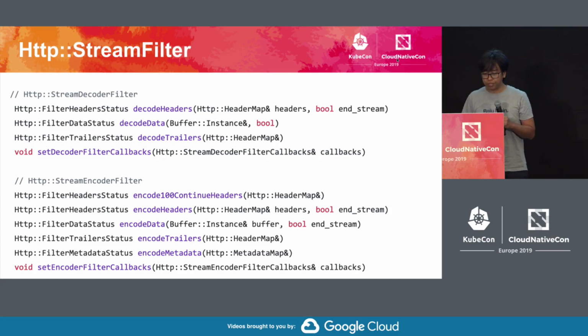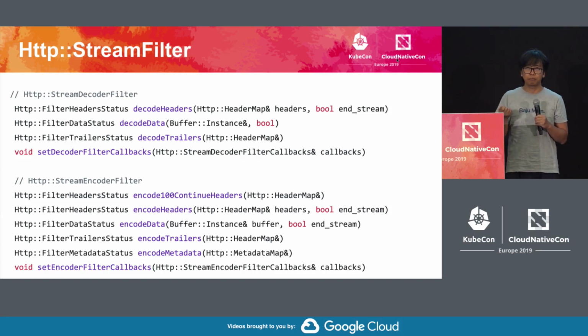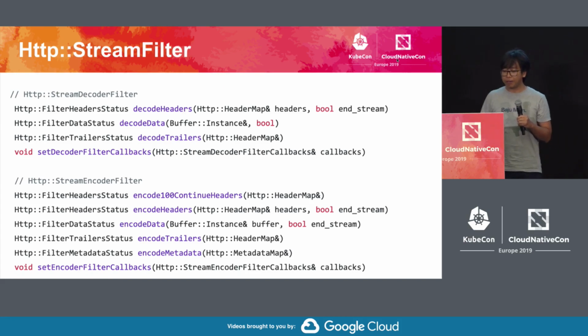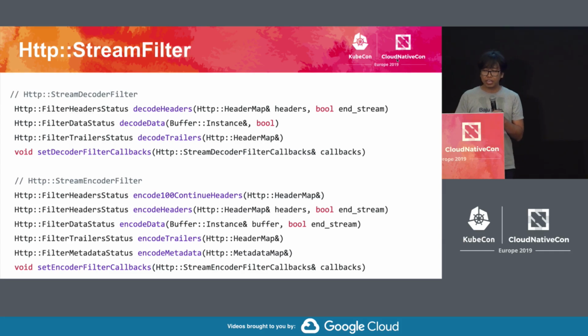Then decode data deals with the data, and the trailers likewise. In the case of gzip, if in decode headers you see that the request wants you to respond with compressed data, you can see it from the decode headers. With that information, you can send it back through encode data to the caller as compressed bytes.